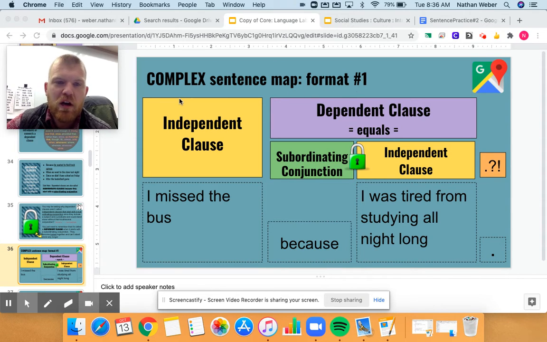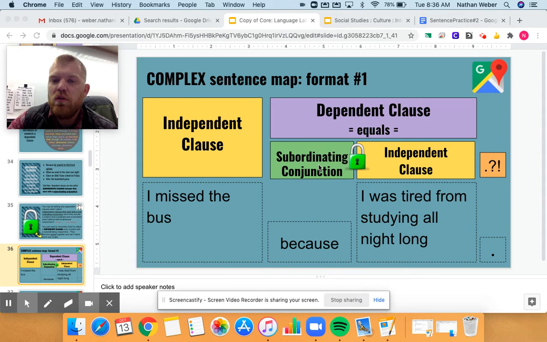So each complex sentence, and make sure you write this down, has an independent clause. Okay? I missed the bus. That can stand alone as a sentence. And then after the independent clause, there's a dependent clause.